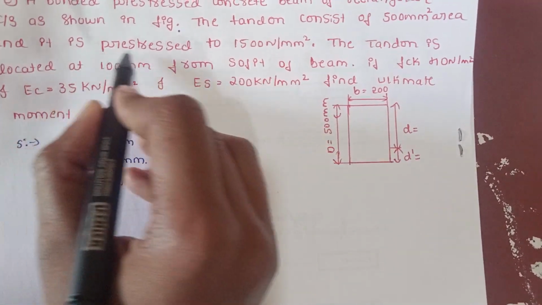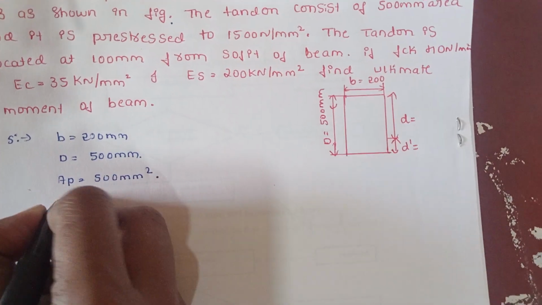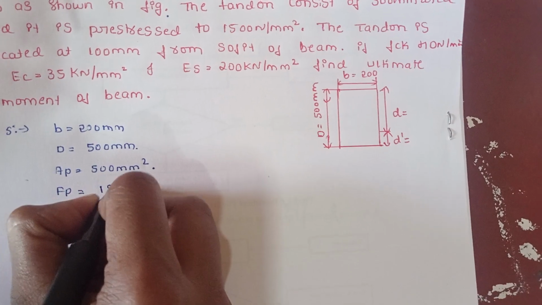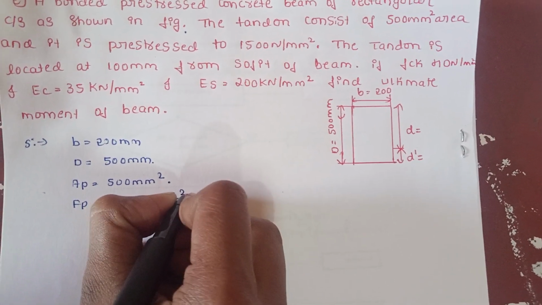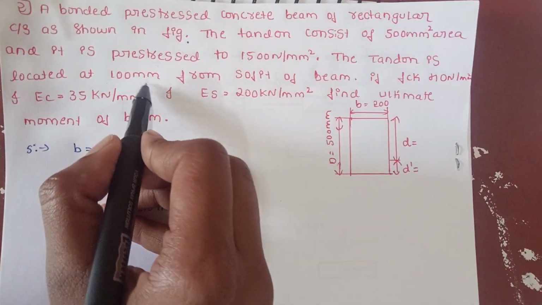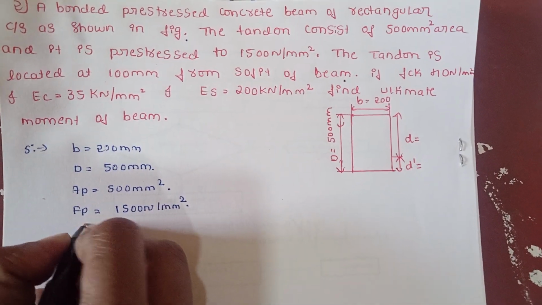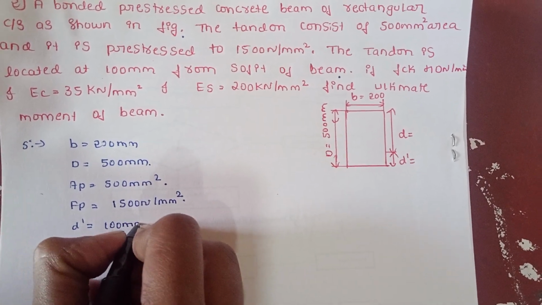Next, it is prestressed to 1500 Newton per mm square, that is FP equal to 1500 Newton per mm square. Next, the tendon is located 100 mm from the soffit of the beam, that is D dash equal to 100 mm.